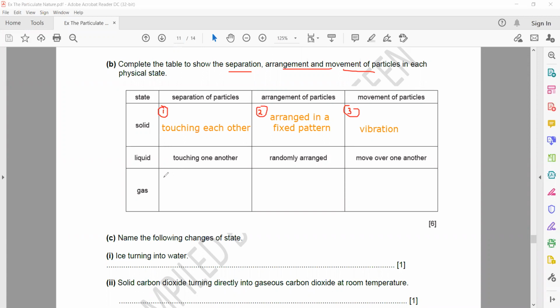What about gases, the separation of the particles? What should we write? So I can write the particles are not touching each other. Arrangement of the particles in gases. Is there a regular arrangement?